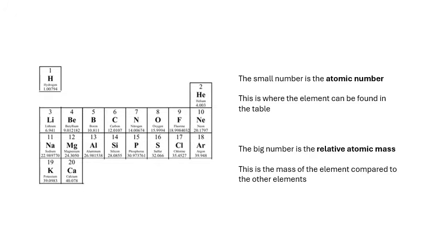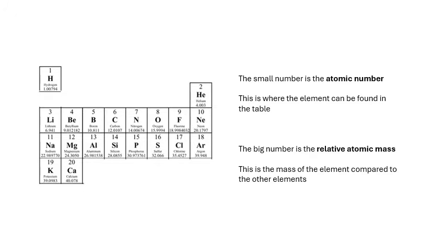The big number is called the relative atomic mass. We might abbreviate that to RAM later on. It's basically the mass of the element compared to the other elements. Hydrogen is number 1, helium is number 2, but a helium atom is actually about 4 times heavier than a hydrogen.